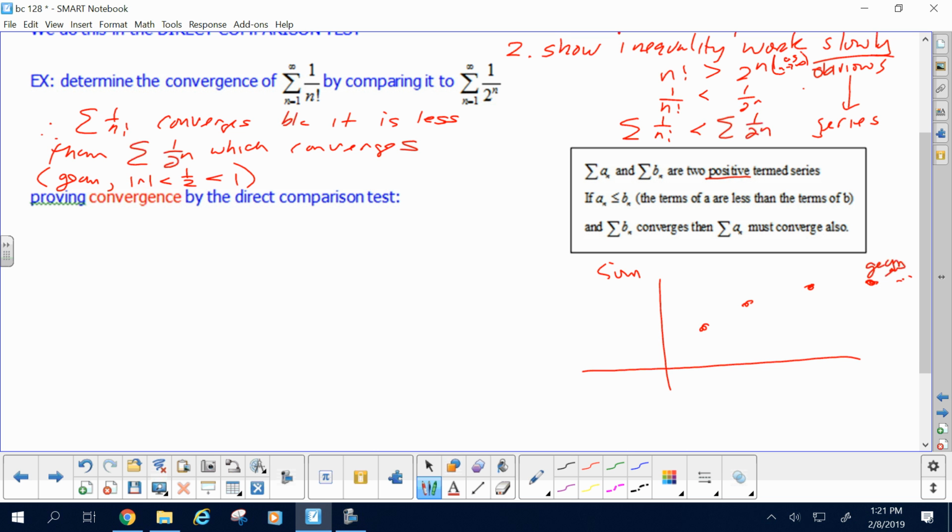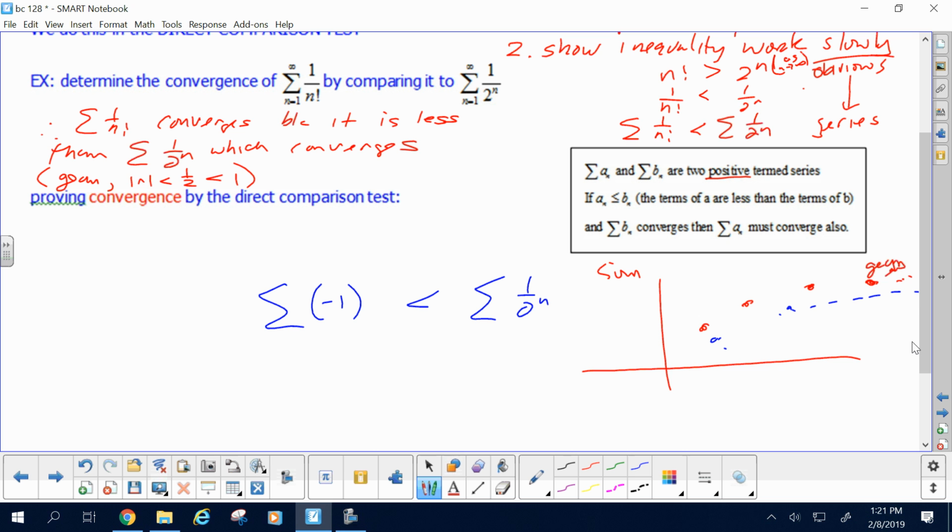After a certain point, it is less. And so if the red has a top floor, the blue must have a top floor or ceiling as well, yeah? As long as the series are positive. I mean, is negative 1 less than 1 over 2 to the n?